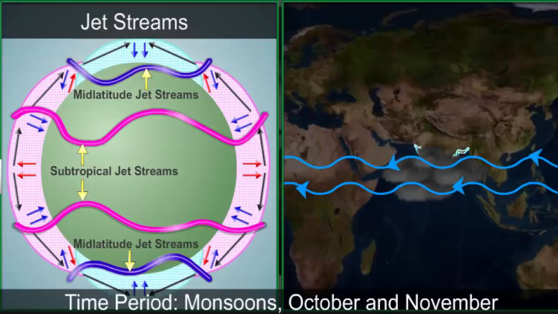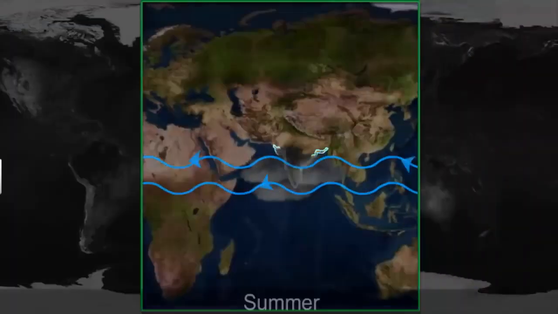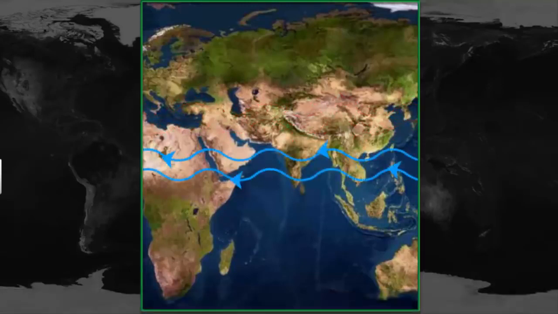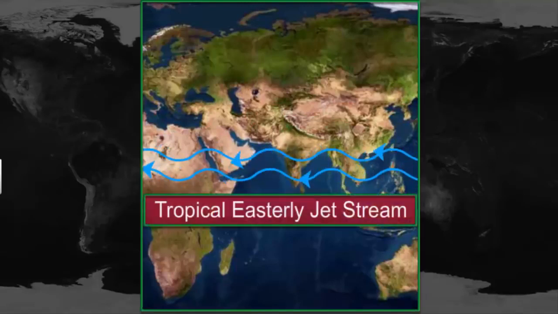In summer, the subtropical westerly jet streams move north of the Himalayas with the apparent movement of the sun. An easterly jet stream, called the tropical easterly jet stream, blows over peninsular India, approximately over 14 degrees north during the summer months.